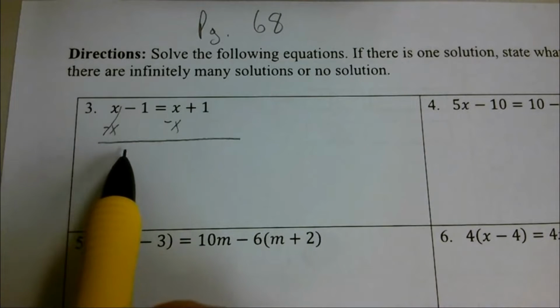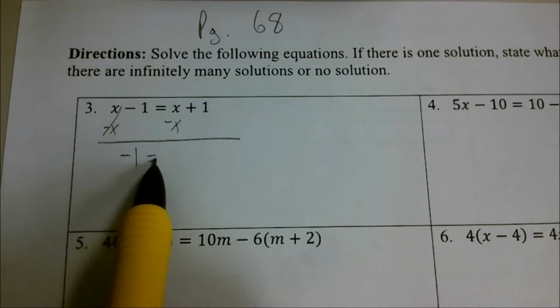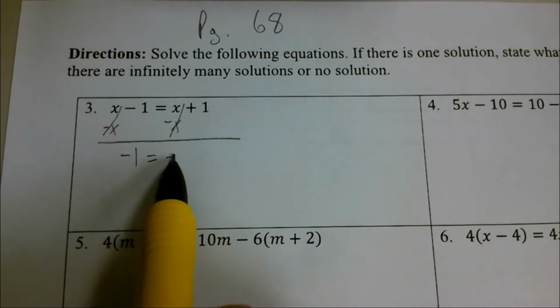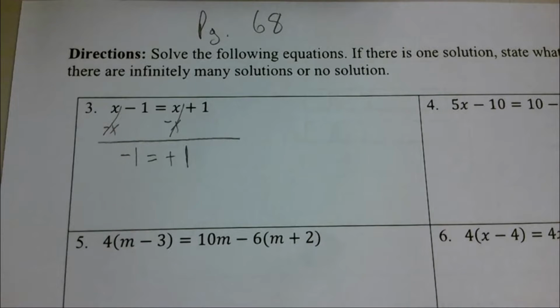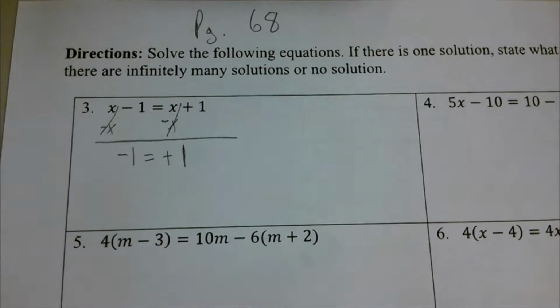So these cancel, and I'm left with minus 1 equals, and these cancel, and I'm left with plus 1. So you'll know that negative 1 equals positive 1 makes absolutely no sense.